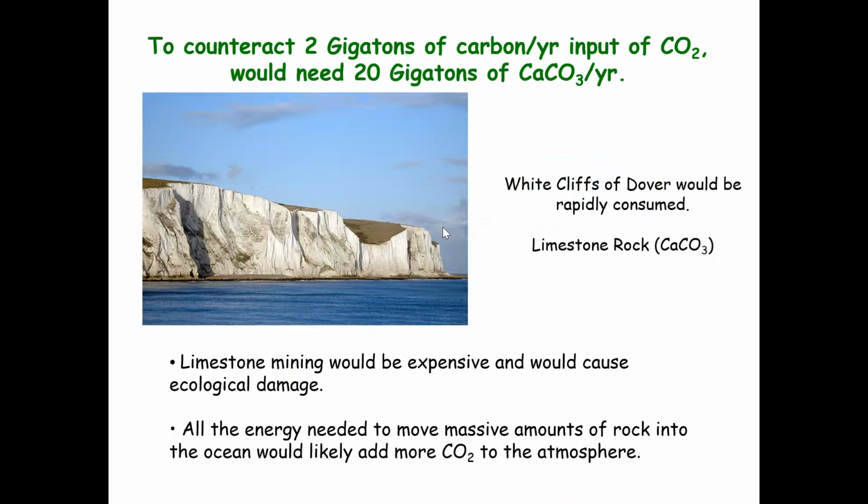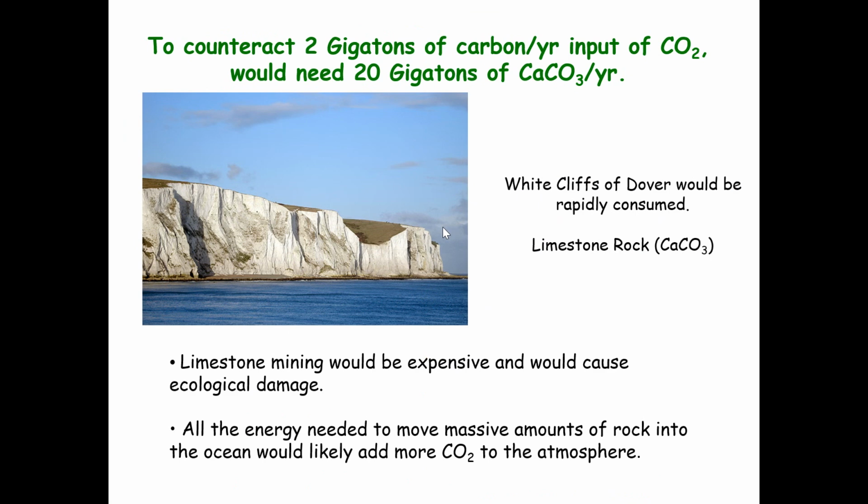So if I want to have my carbon footprint reduced by 2 gigatons of carbon in a year, just picking a number, I would have to dump 20 gigatons of calcium carbonate in a year into the oceans. So I'd have to take 20 tons of calcium carbonate for every 1 ton of carbon that I would want to remove from the environment.